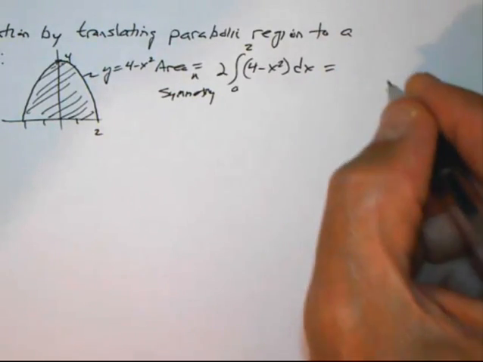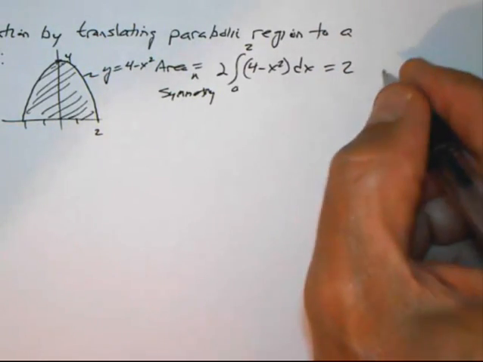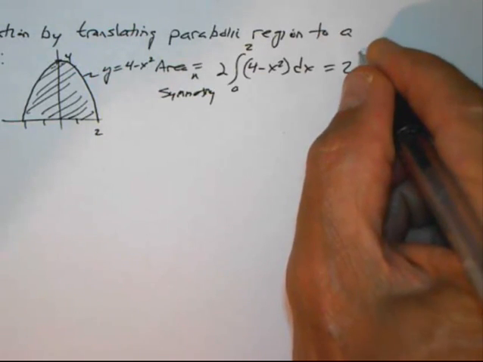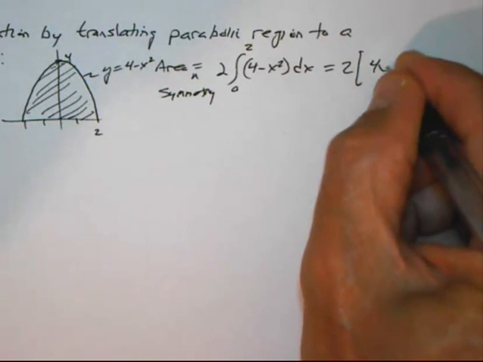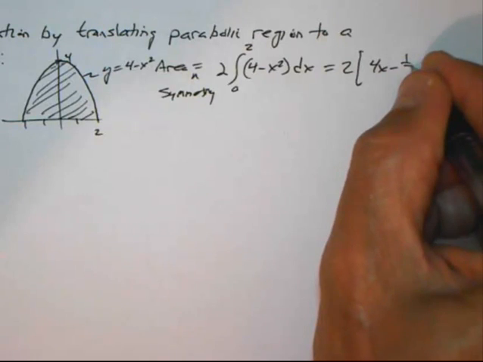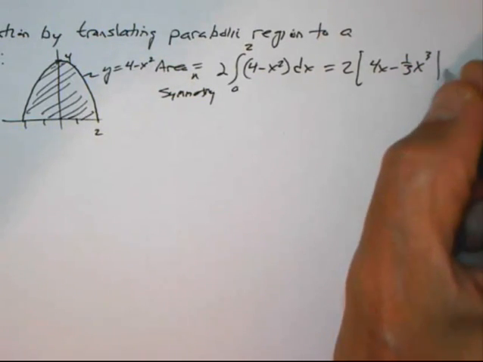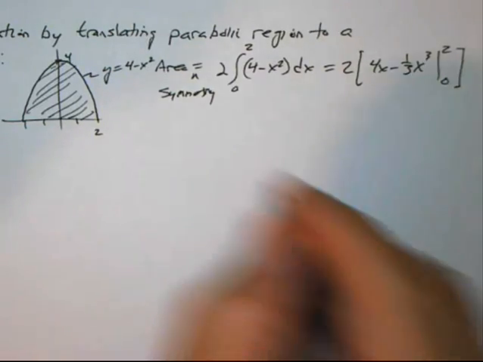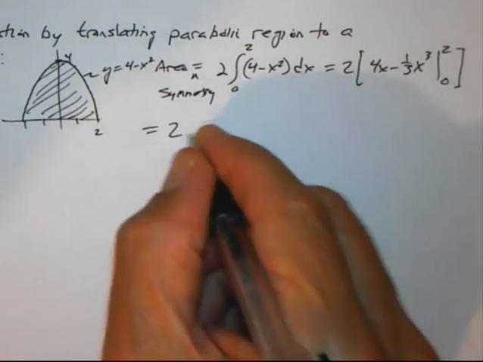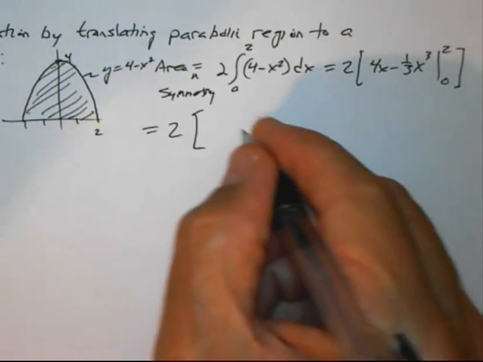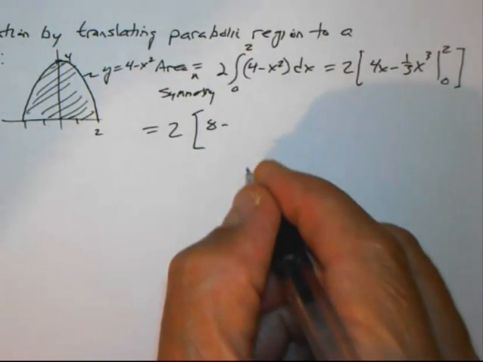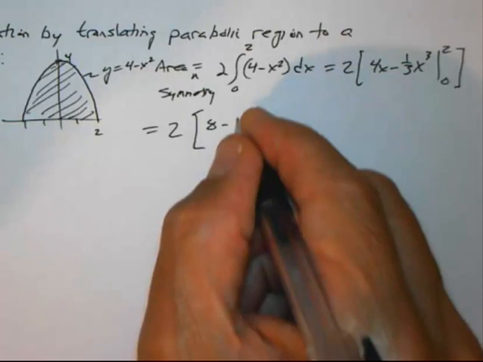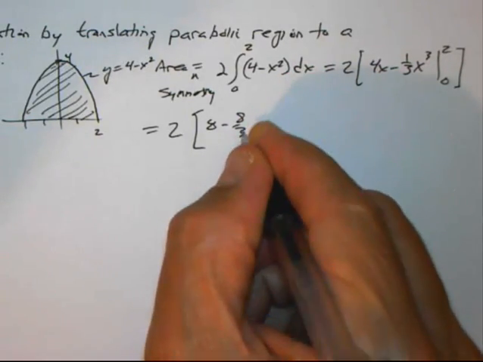Okay, let's go ahead and get an antiderivative, which we can do in our heads. Pretty easy. That'll be 4x minus 1/3 x cubed, evaluated between 2 and 0. This will become 2 times, okay, 4 times 2 is 8, minus 2 cubed over 3, which is 8 over 3.